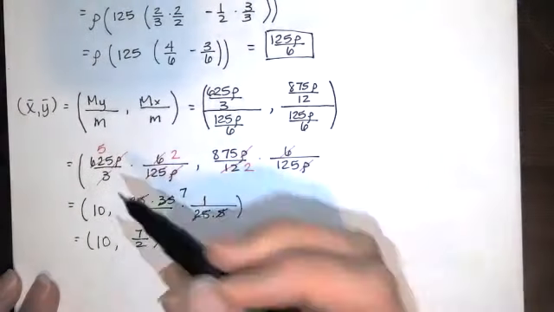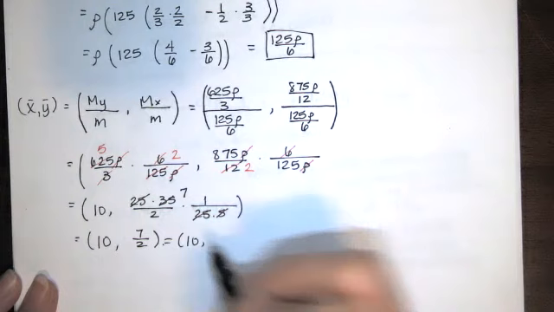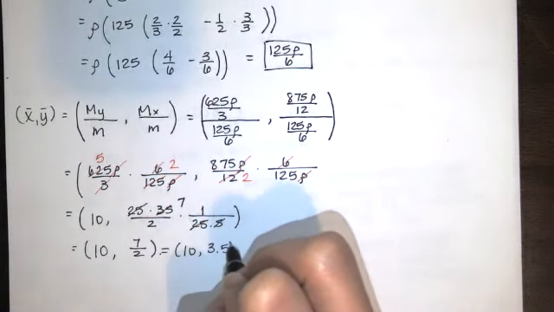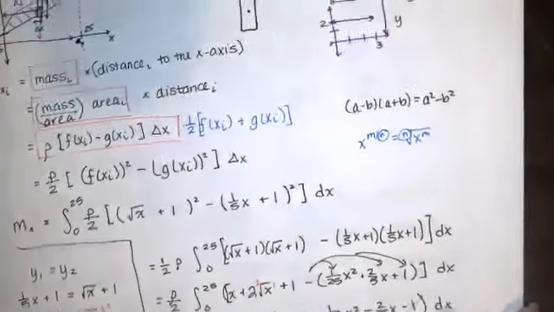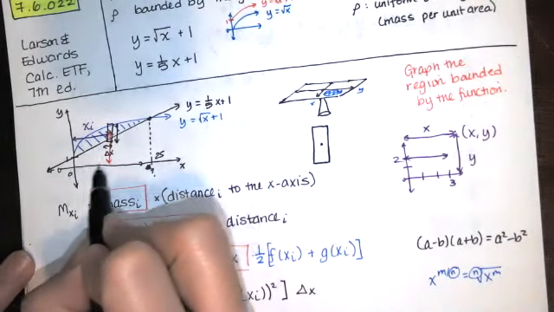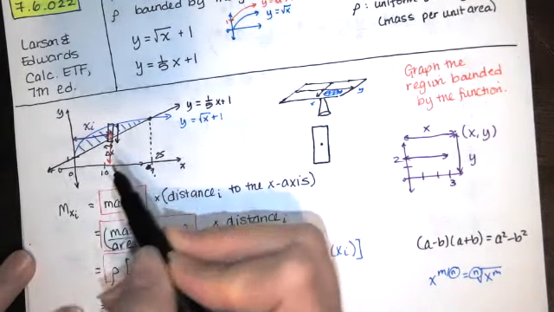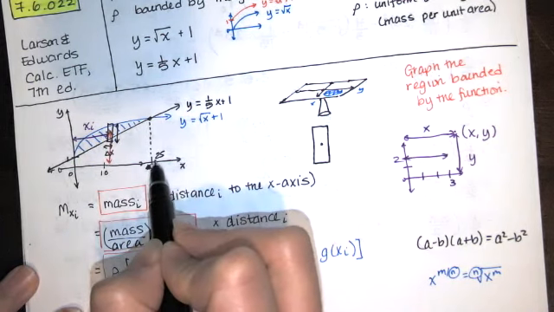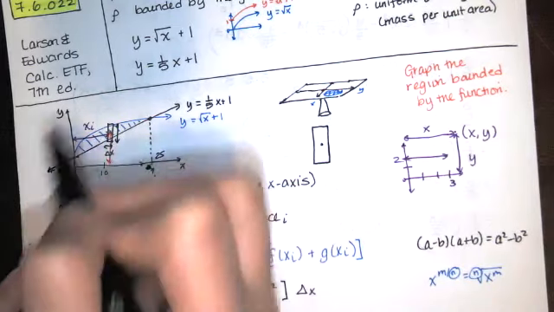In our case, we have x equals 10, y equals 7 over 2, that's 3.5. Let's look at our region. What this is saying is that the center of mass occurs at x equals 10, so that's about 2/5 of the way over here, and y equals 3.5. And when x is equal to 25, y is going to equal 6.